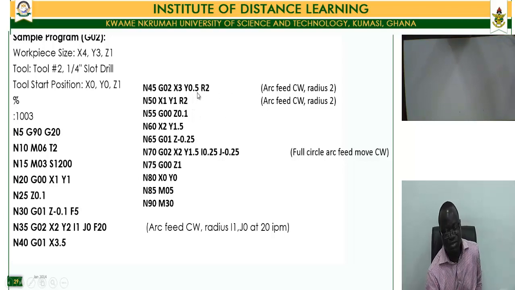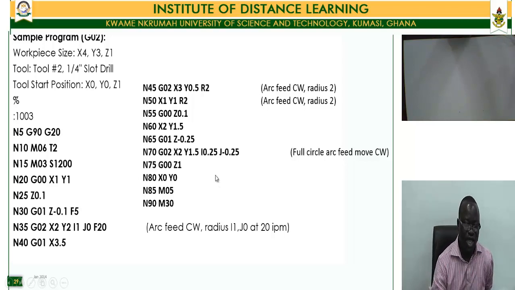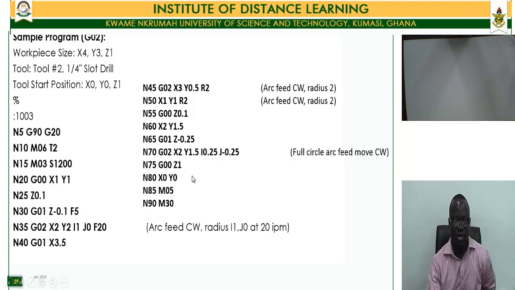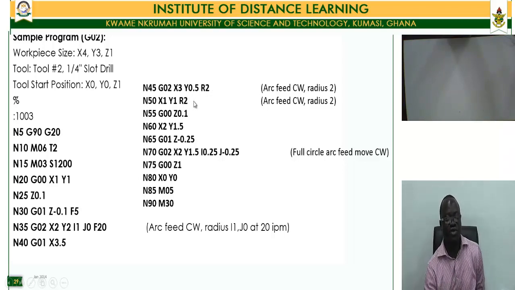So yes, we can use the R instead of the IJK, but we have to be careful. If we are sure that it is a complete circle, then we are free to use the R. But if we are not doing a full circle, then we should be cautious and use the IJ.